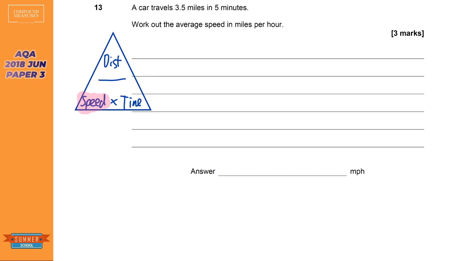And there's a small spanner in the works here because it wants the speed in miles per hour, but the question gives us miles, which is good, and minutes. So we first of all need to convert those minutes into hours. To convert between minutes and hours, we divide by 60 because there's 60 minutes in an hour.